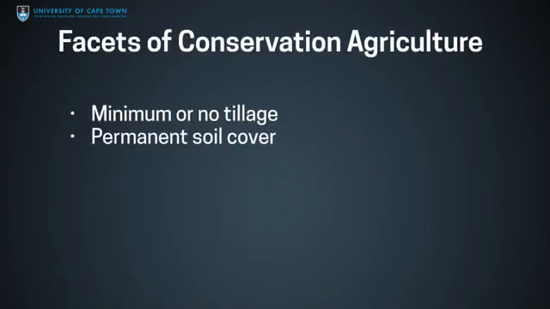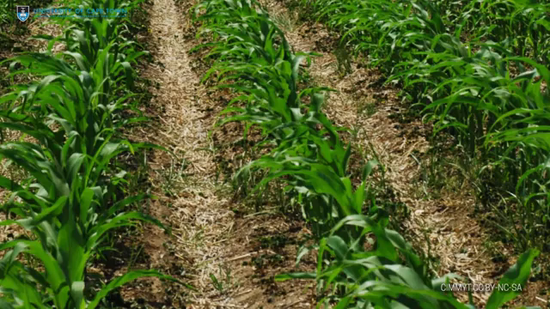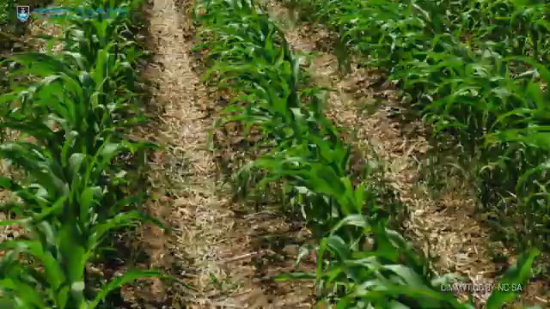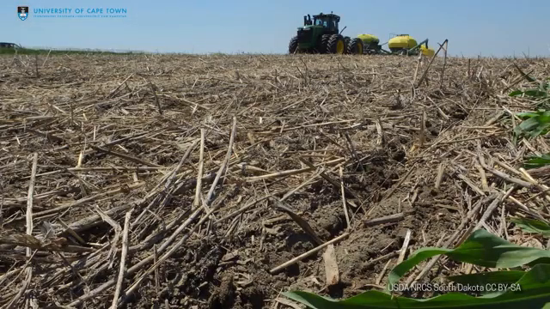The second arm of conservation agriculture is around retaining permanent soil cover. So rather than leaving the soil bare in between your cropping seasons, you leave a plant residue or mulch on the soil. And that does a number of different things. First of all, it helps to keep the soil cooler and reduce evaporation from the soil.